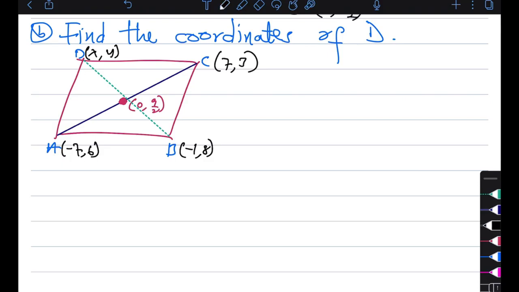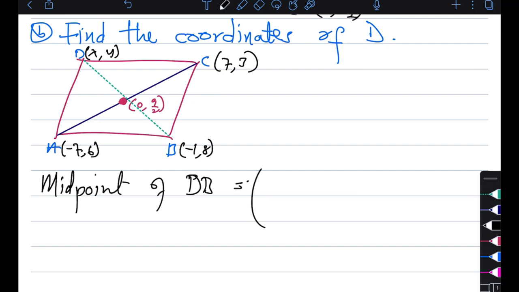If that is the case, and we have been able to find a midpoint of line AC, let's also find a midpoint of line DB. So midpoint of DB will be the sum of x values, that is x plus negative 1 over 2, and then the sum of y values, so y plus 8 over 2.